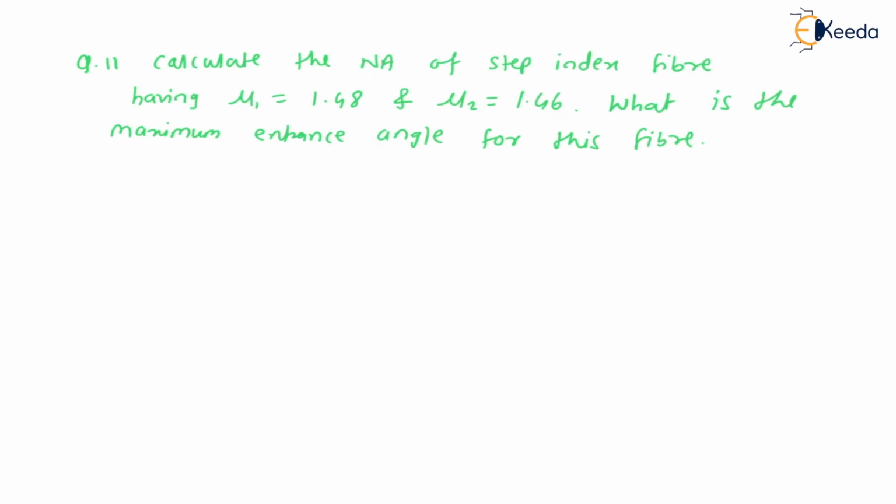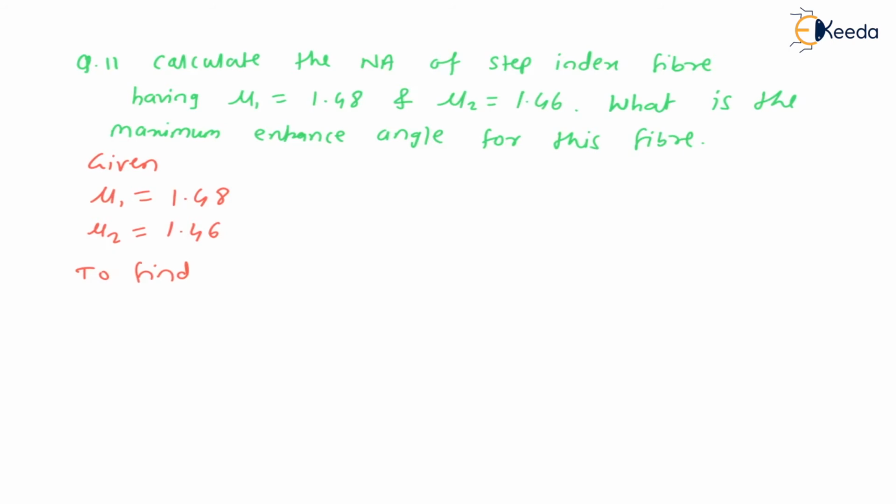So first of all, we'll write given: mu1 is 1.48, and mu2 is 1.46. To find: first the value of Na, the numerical aperture, and then the maximum entrance angle.